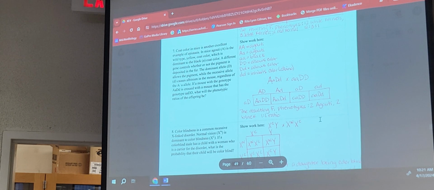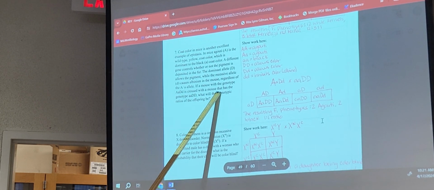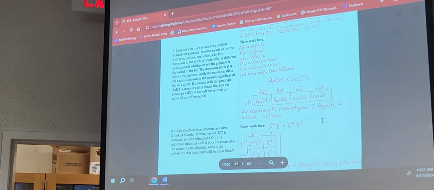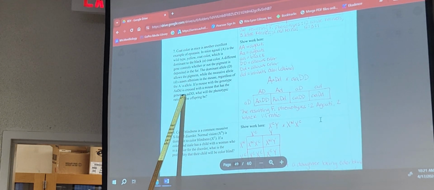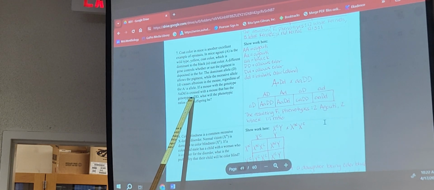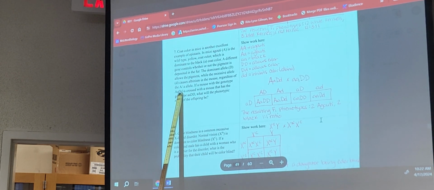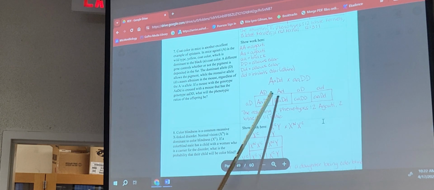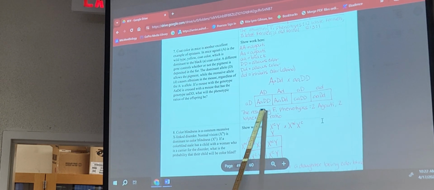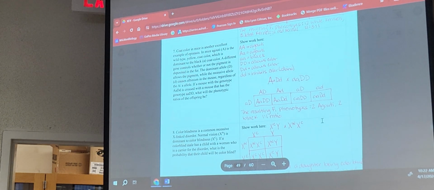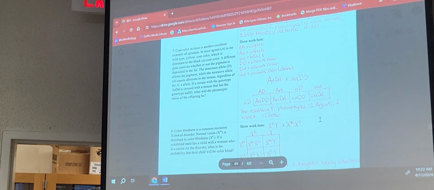If a mouse that is heterozygous is crossed with a mouse that has that genotype, what will the phenotypic ratios of the offspring be? Well, this can only contribute a recessive and a dominant, right? So that's it. This is heterozygous for both traits, so we have to do all four alleles, and we get this gene combination: 2 agouti, 2 black, a 1-to-1 ratio.